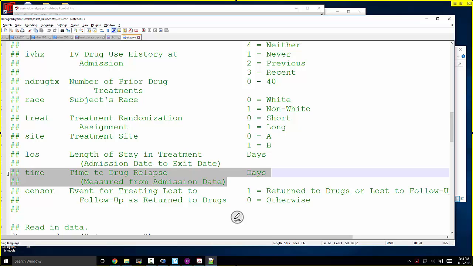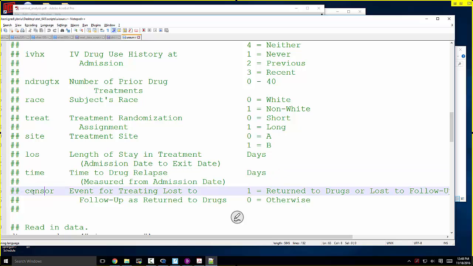And we would be interested in, is the survival prognosis, or the quote, survival prognosis better? Do you tend to last longer on the long treatment versus the short treatment? Is there a treatment effect in terms of time to relapse? So we could think of a regression model, a survival model that says event time together with the censoring indicator.